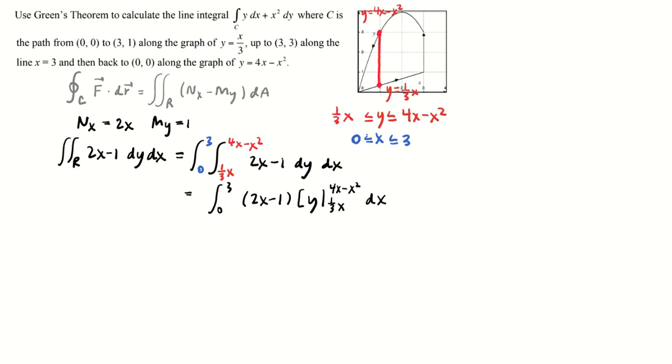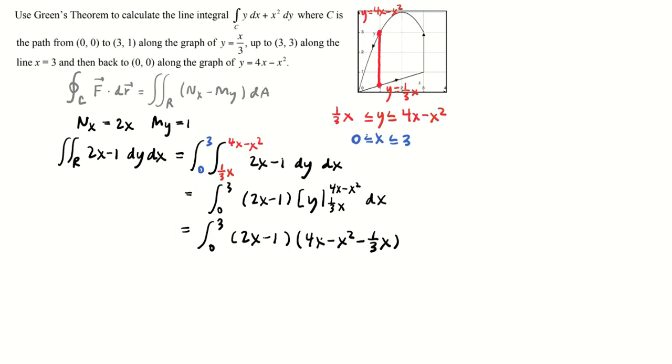All right, so when we actually distribute, this is going to be kind of annoying, but we'll be able to do it. So we'll have 2x minus 1 times 4x minus x squared minus 1/3 x. I'm going to probably combine the 4x and the 1/3 x, and I'm going to say, all right, 4 minus 1/3 would be 3 2/3.